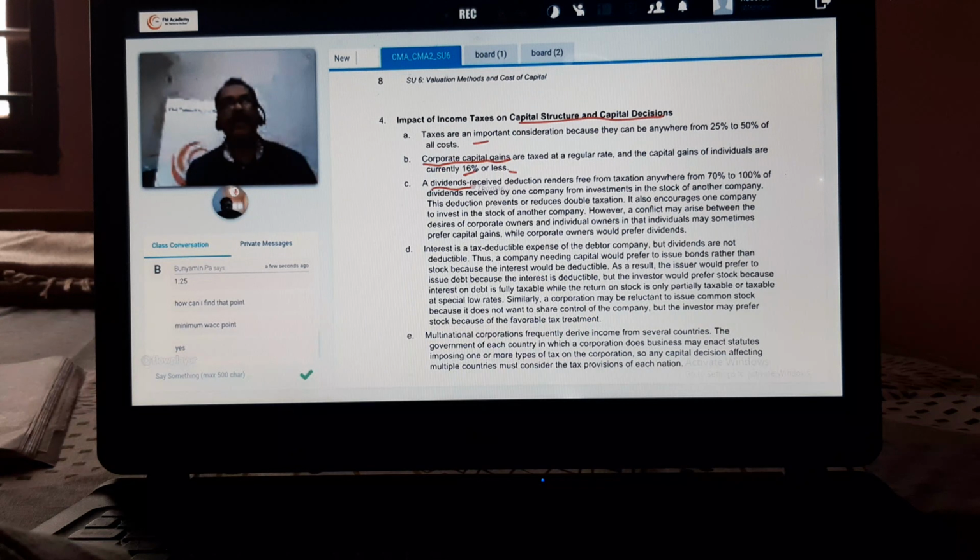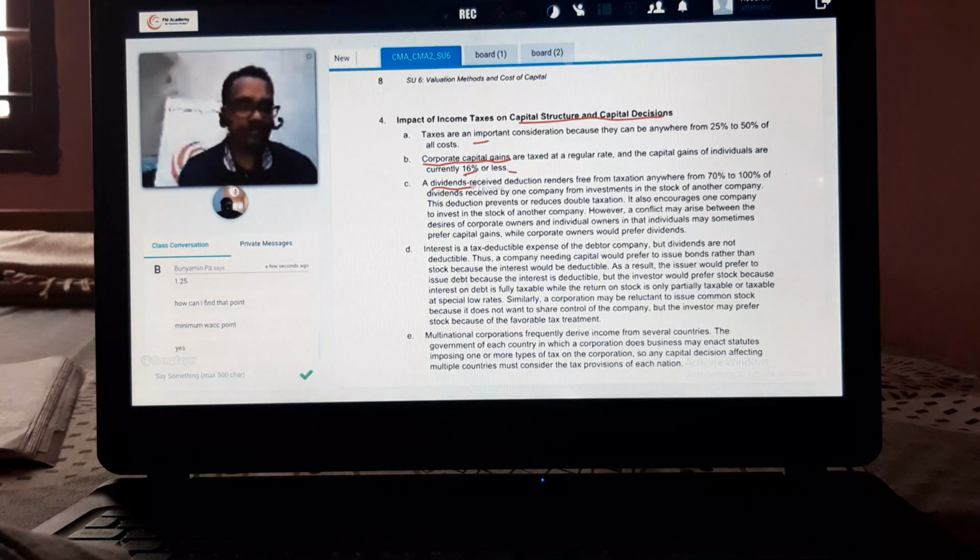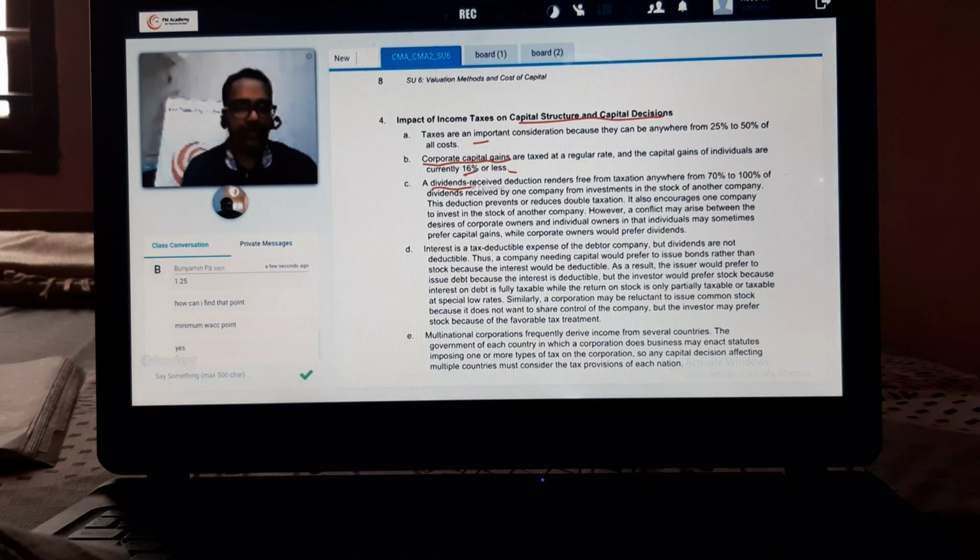So the dividend has already suffered a taxation at the company level. Let's say Reliance Industries pays the tax, the balance is available for dividend. Earlier, dividend was tax free, now not anymore. Most of the countries tax dividend also.